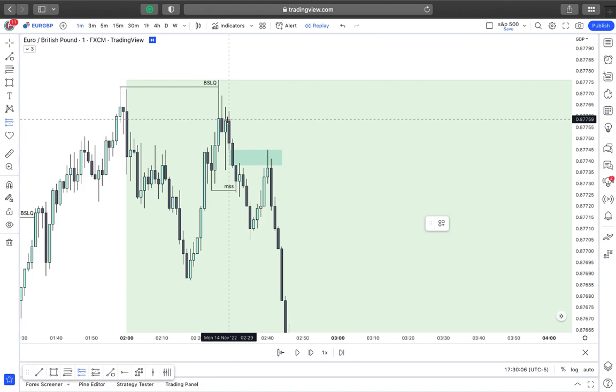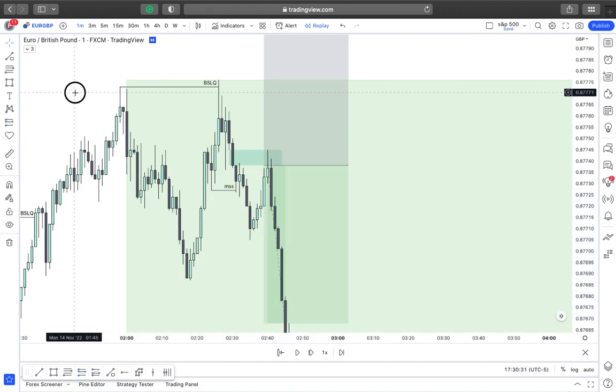So let's see, I have backtested Euro USD, so I know that 70 to 80% of the times Euro USD respects the stop loss if it is above the fair value gap candle or the candle before the fair value gap candle. So that is the reason that I use stop loss above the fair value gap candle.